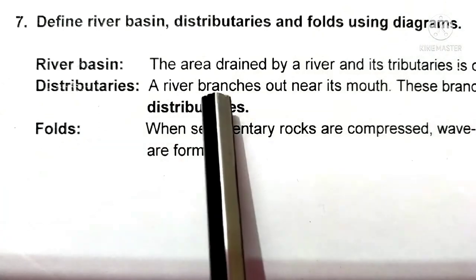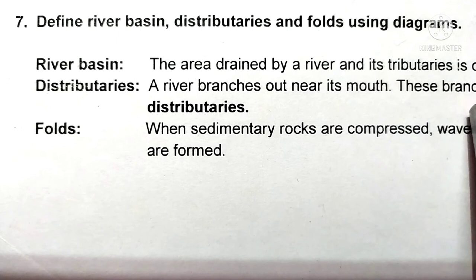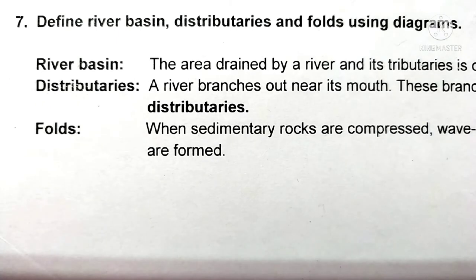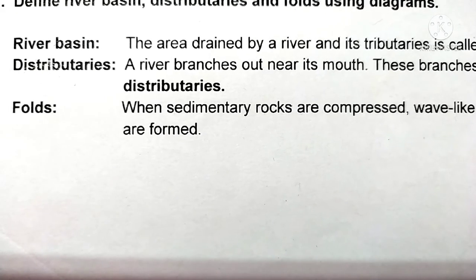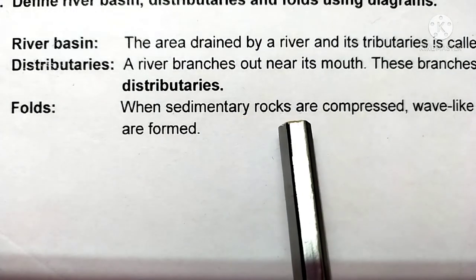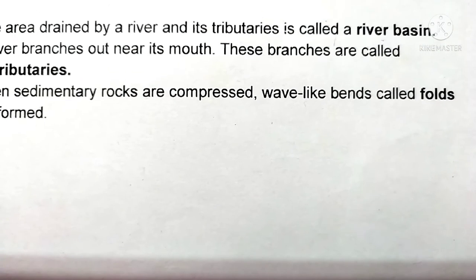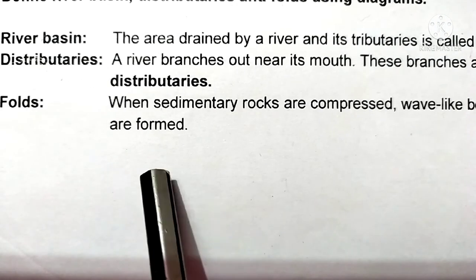A river branches out near its mouth. These branches are called distributaries. Then falls. When sedimentary rocks are compressed, wave-like bends called falls are formed.